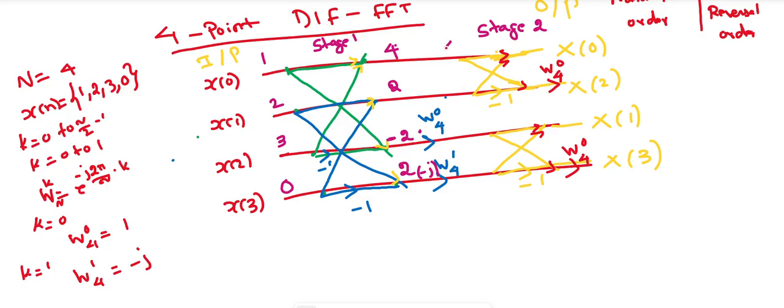So this is 4, this is 2, this is minus 2, minus j into 2, a plus b, a minus b.